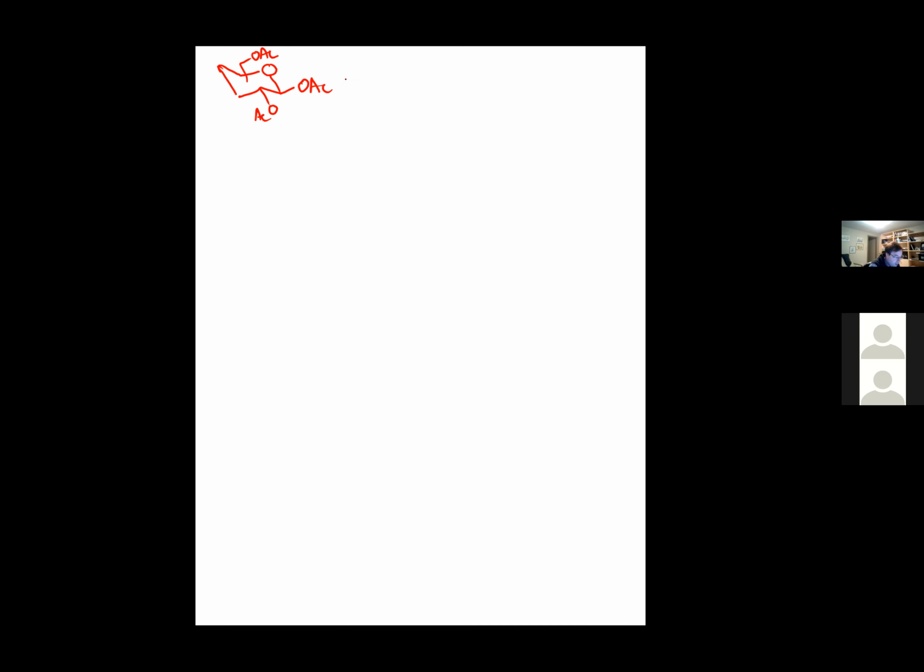So we take this. I love this reaction. BF3 etherate, so this is our nice strong Lewis acid, and thiophenol, which stinks really badly, and you bleach everything. But it works beautifully.